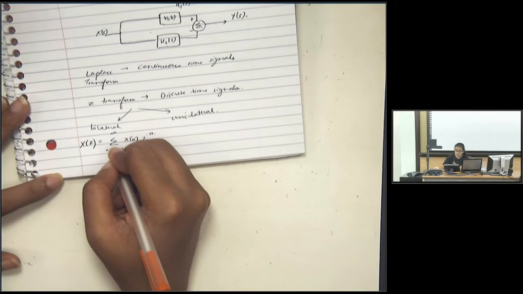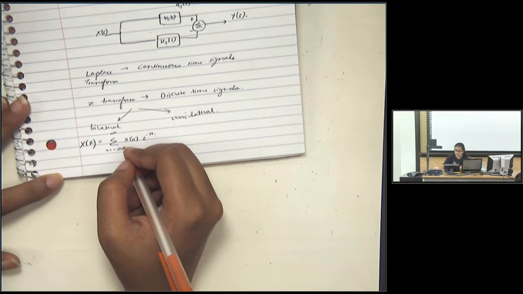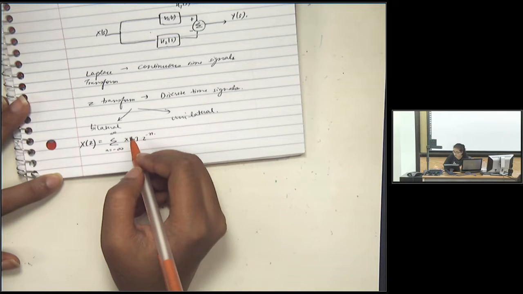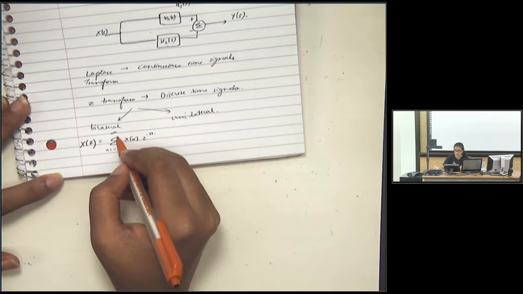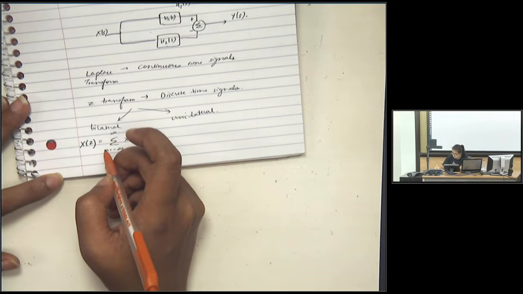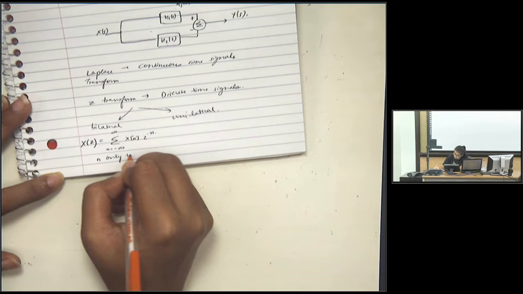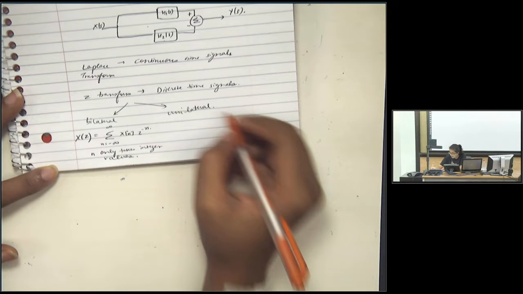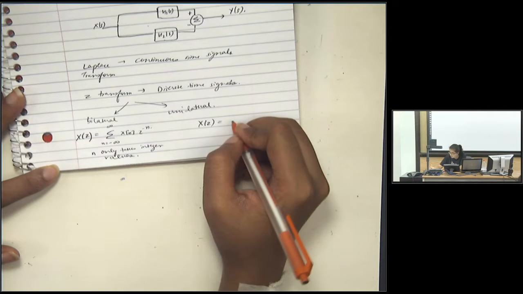Do note that n only takes integer values, it's not continuous. Okay? If it would have been continuous, we would have taken an integration. Alright? Because it's discrete, there's a summation over here. Okay? So be careful that n only takes integer values. Okay? And unilateral, just like Laplace transform, runs from n equals 0 to infinity.